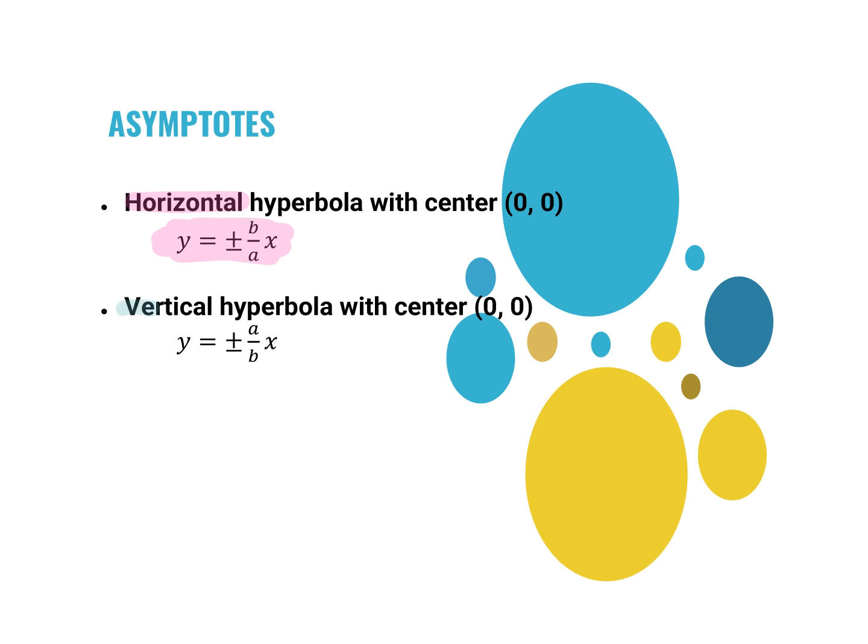Where if it's vertical, our formula is y equals plus or minus a over b times x. And this is when our center is at 0, 0. So the difference between these two equations is if it's b over a or a over b. So vertical is a over b.